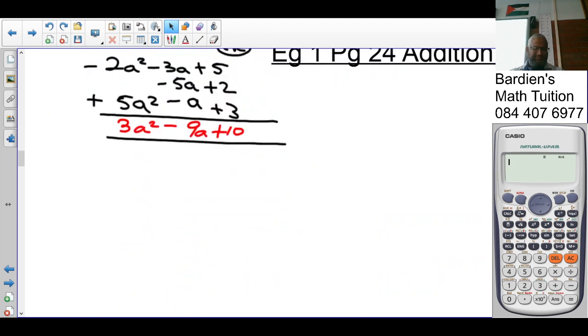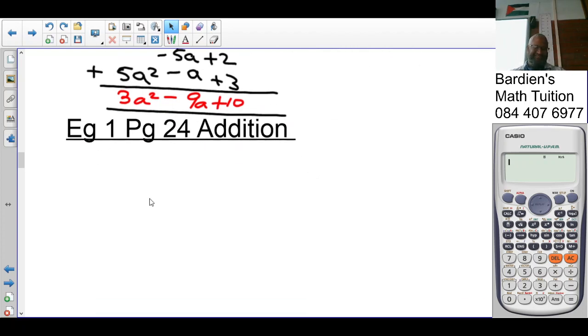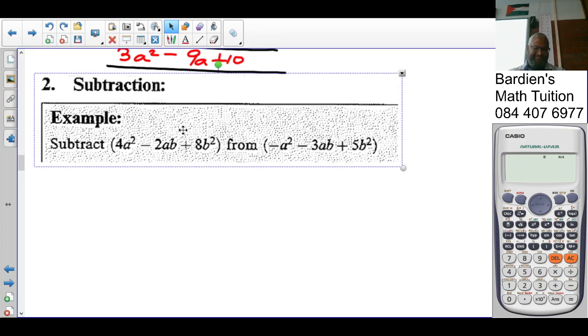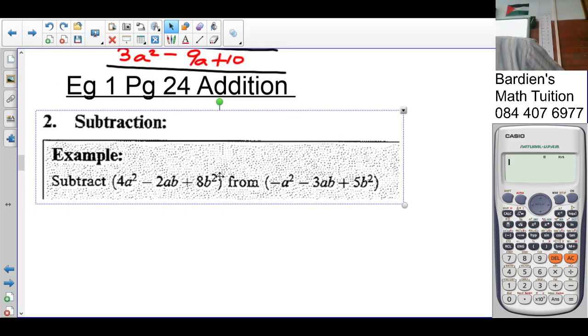Subtraction, on page 25. People, this is subtraction on page 25.